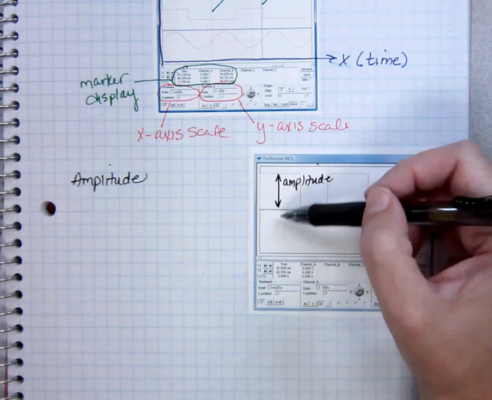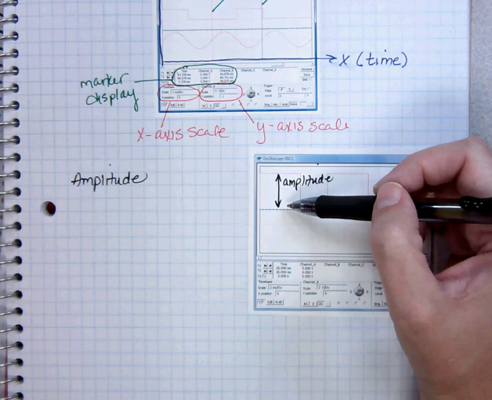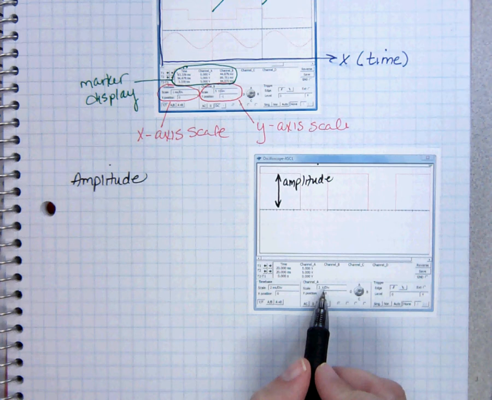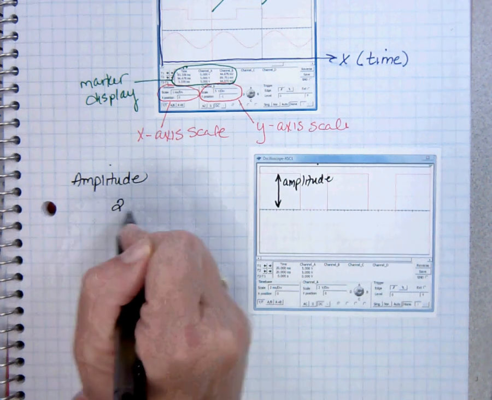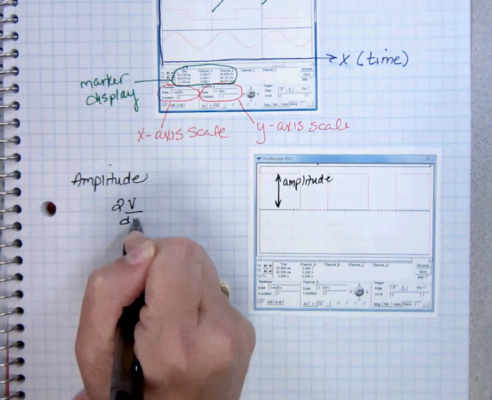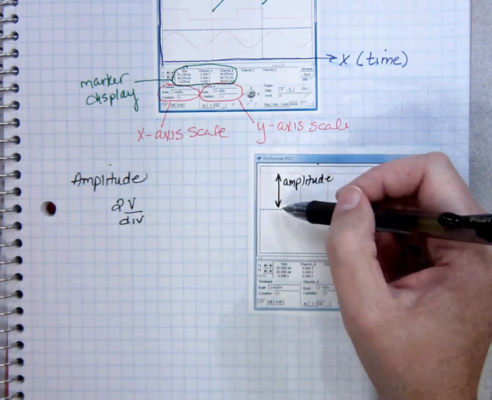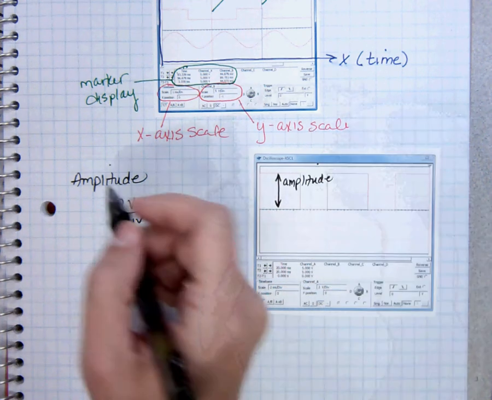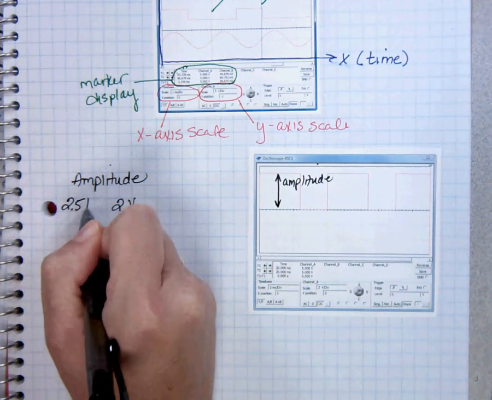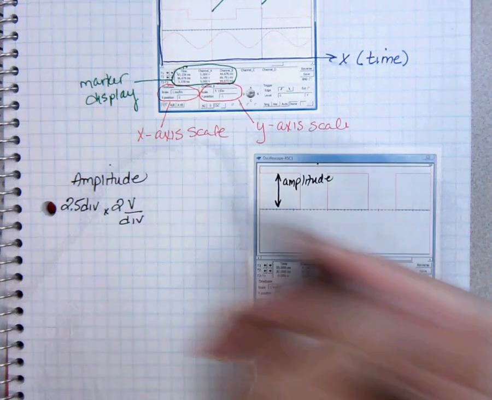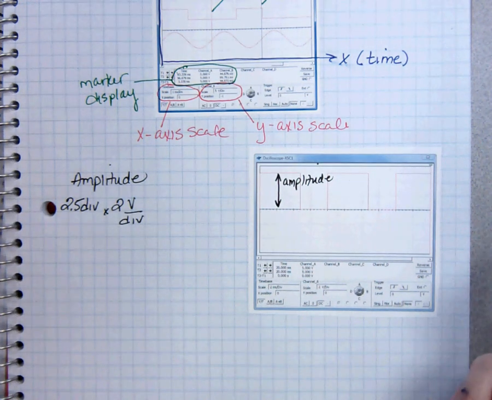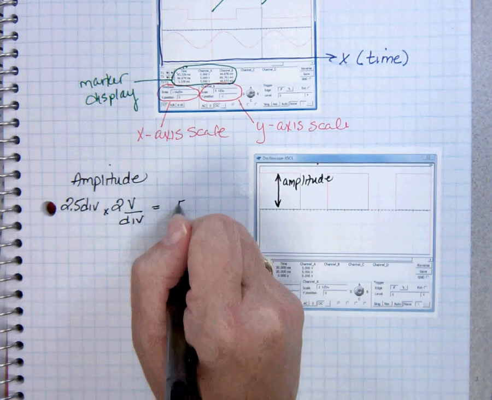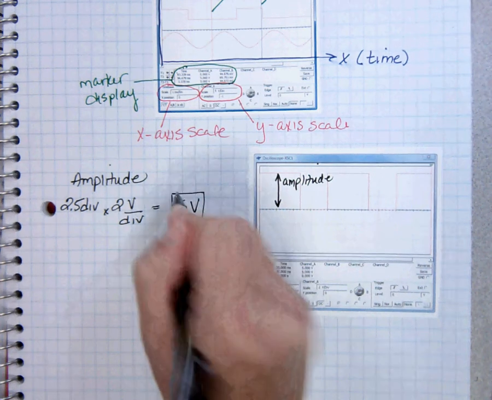I'm looking in the y direction for amplitude, which is at a scale of 2 volts per division. I have 2.5 divisions, so 2.5 divisions times 2 volts per division tells me that I have a 5 volt amplitude.